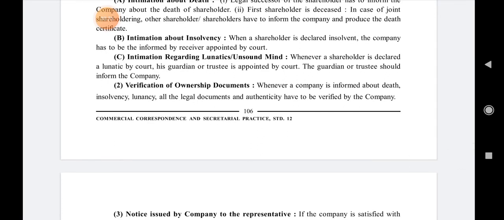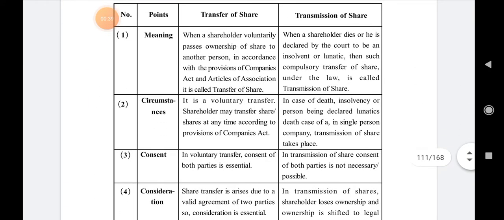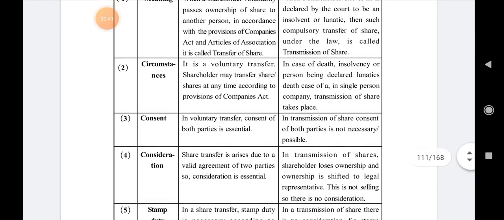And if you are not able to learn that particular topic, you can ask me. But the topic regarding the transmission of shares is quite easy and simple, where the work may be converted into a legal procedure.